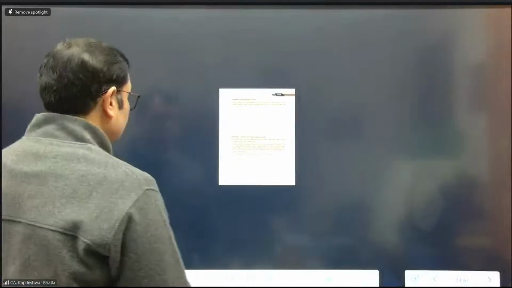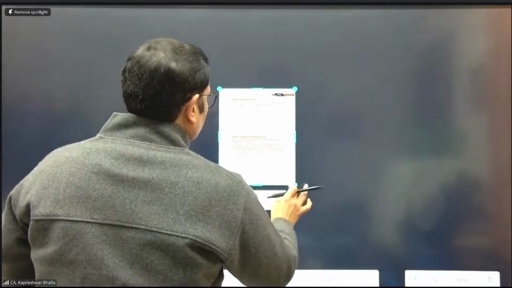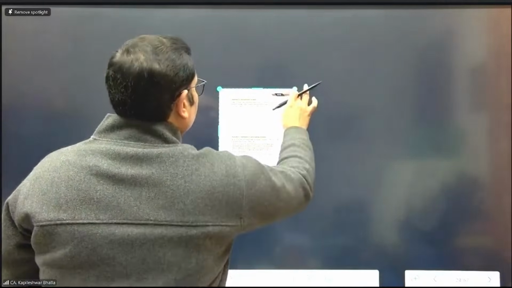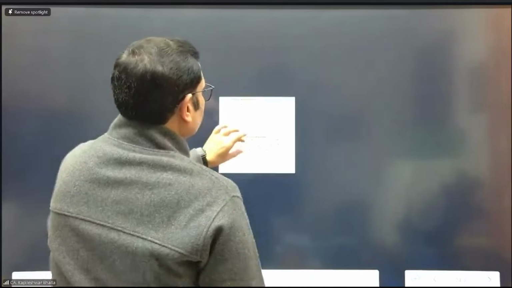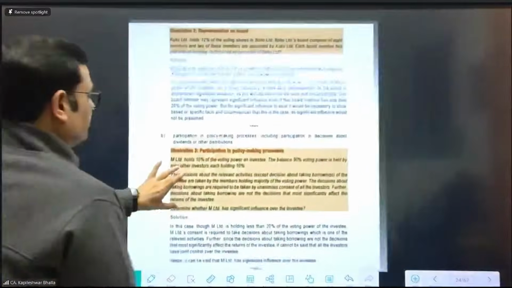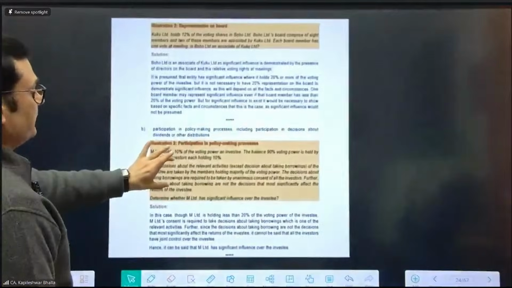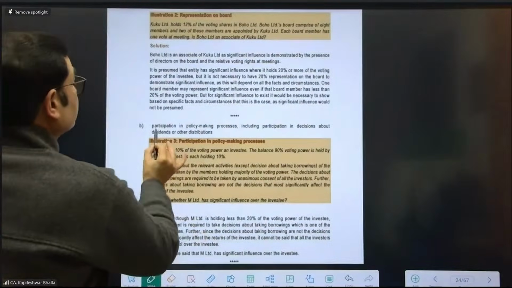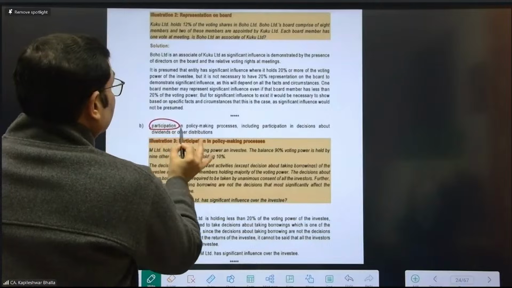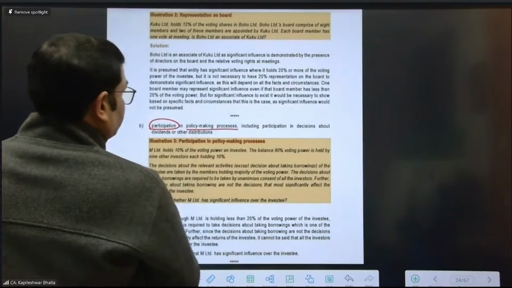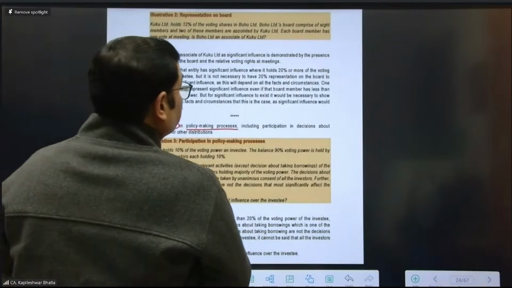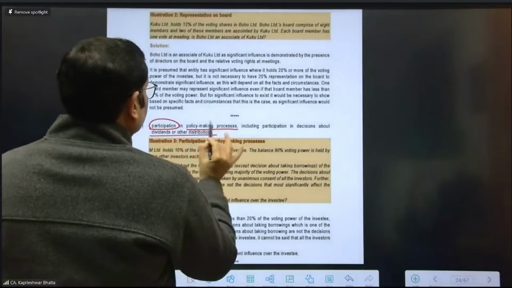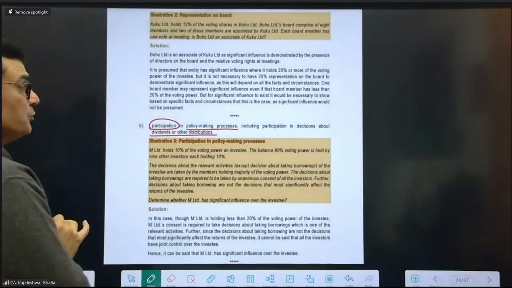Second, we'll look at the examples also later, but first let's make a run through of the inputs. Then there is a second parameter which is given in the standard. It says participation in the policy-making processes, including participation in decisions about dividends and other distributions.